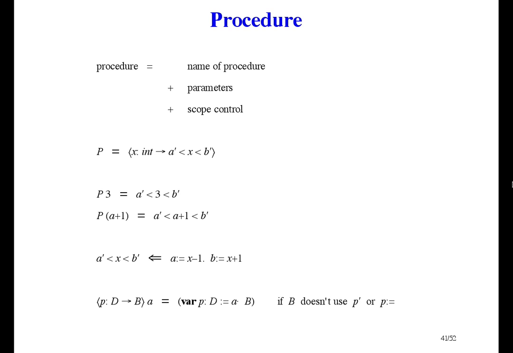Here's an equation that says that a procedure with an argument is the same as having a local variable that's initialized to the argument value. And in some programming languages, a parameter is just a local variable that gets initialized when the procedure is called. But look at the side condition.